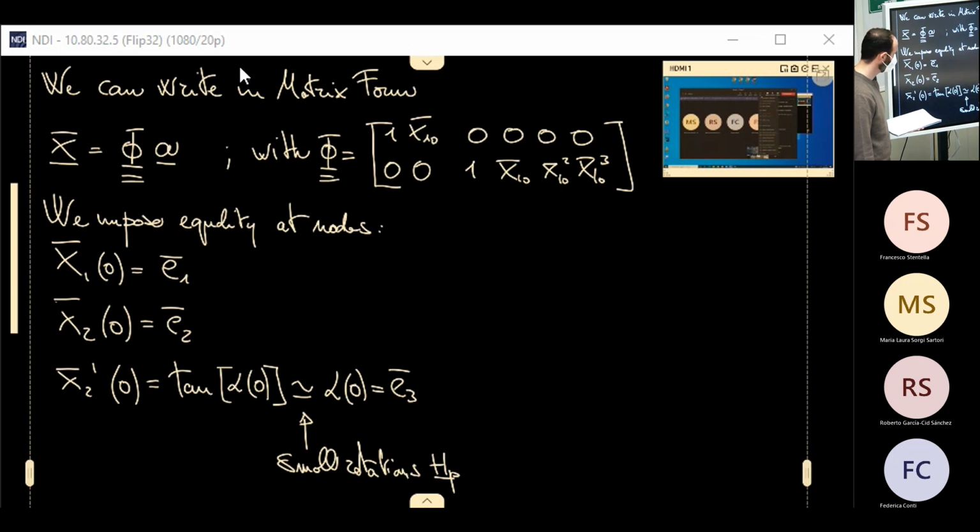Okay, we always are in the small rotation hypothesis. This is for node 1.